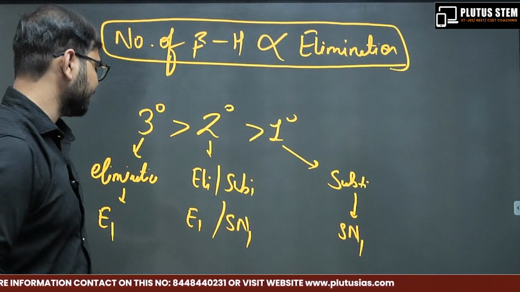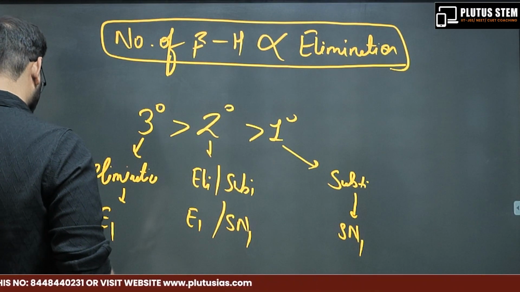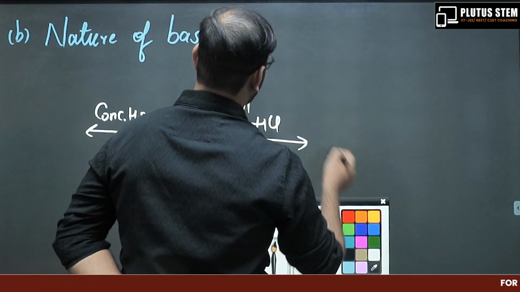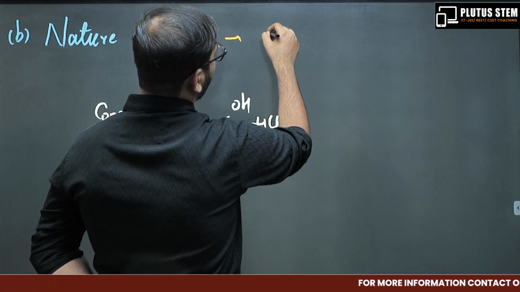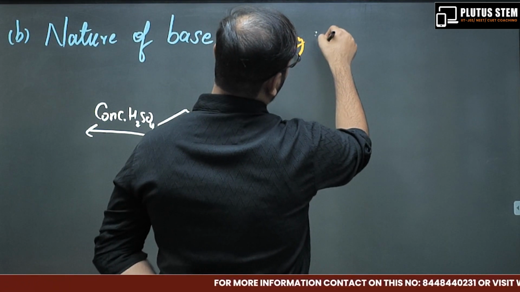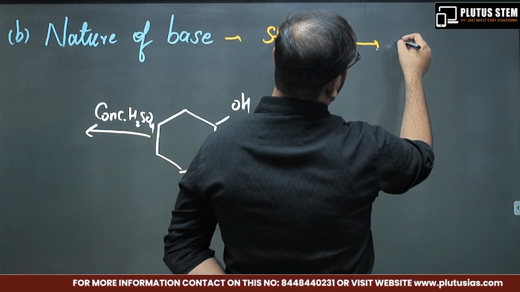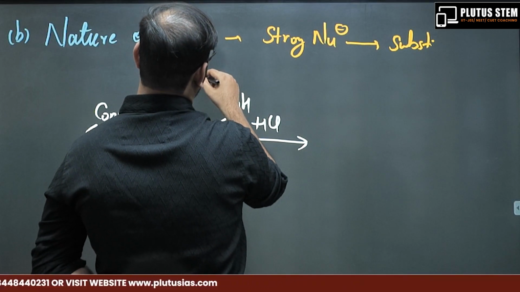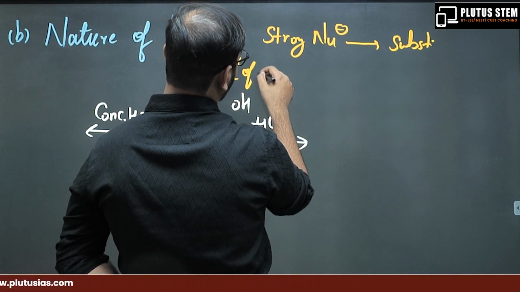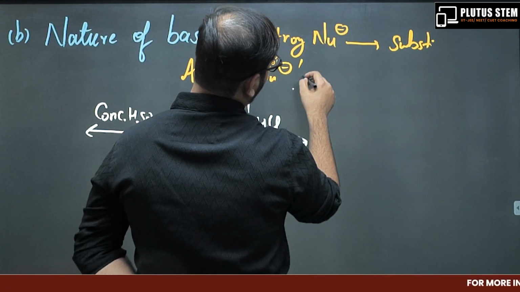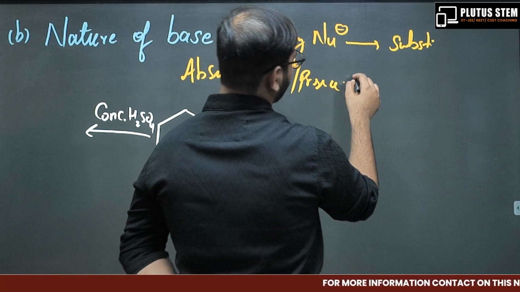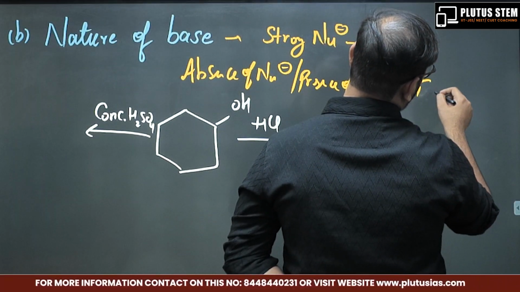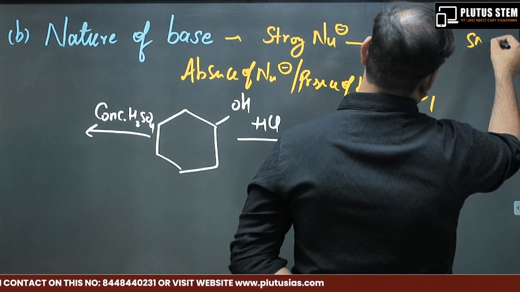Now, the second factor in determining which type of product will be formed is the nature of the base. You can simply remember: if you have a strong nucleophile, substitution is preferred, while the absence of a nucleophile, or the presence of a base which can attack the acidic protons, leads to E1 over SN1.